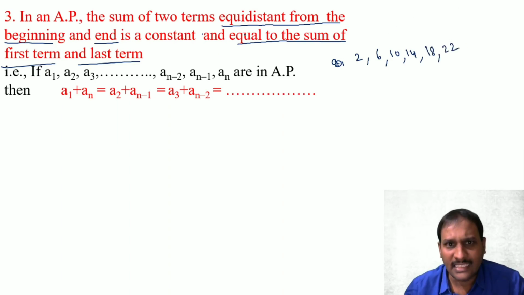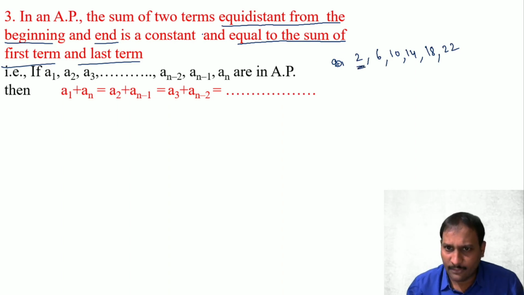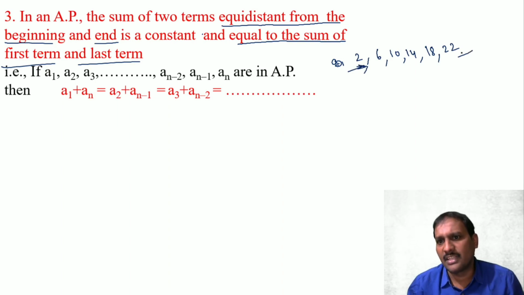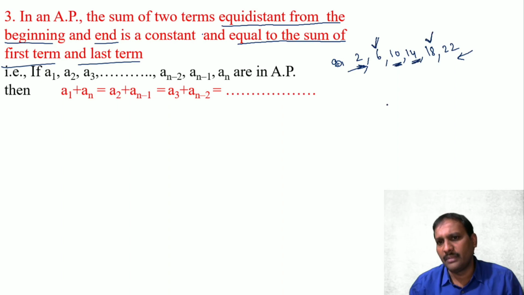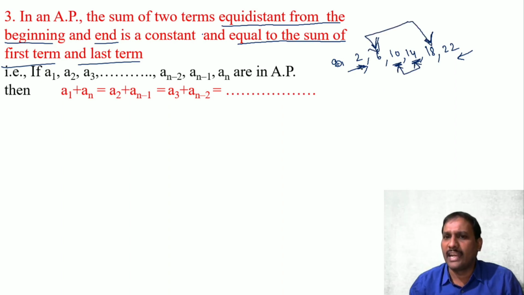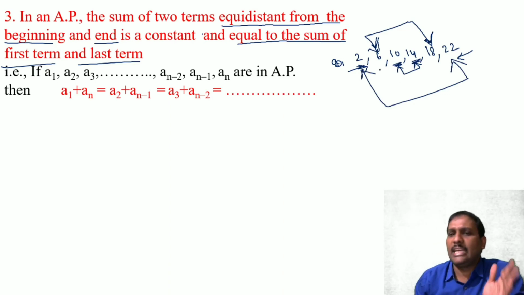Now, what are the terms equidistant from the beginning and end? This is the first term from the beginning, this is the first term from the end. This is the second term from the beginning, this is the second term from the end. This is the third term from the beginning, this is the third term from the end. So these two terms are called equidistant from the beginning and end.